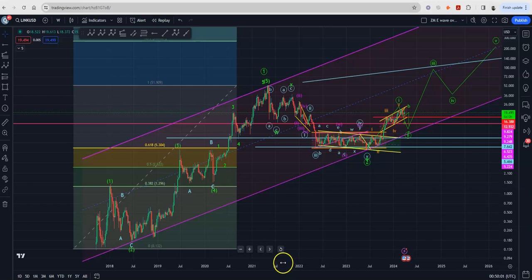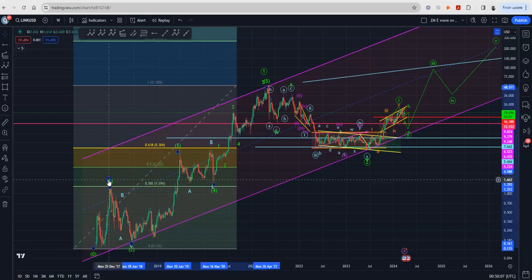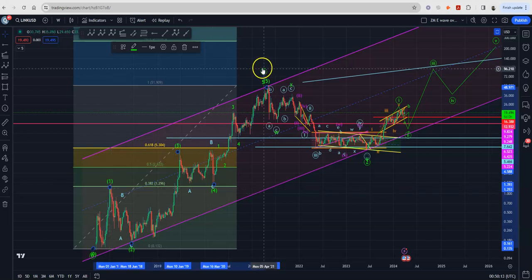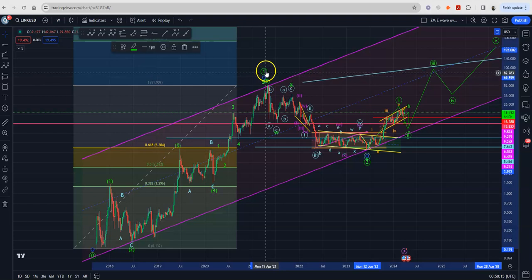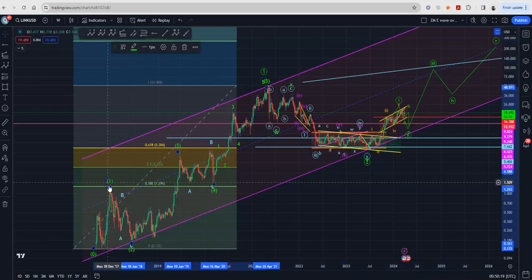We begin here with the genesis of Chainlink. Of course, we'll be marking our cycles with intermediate waves here. These are cycles of primary degree here, and our sub-cycles, I guess if you could call it that, are intermediate degrees.